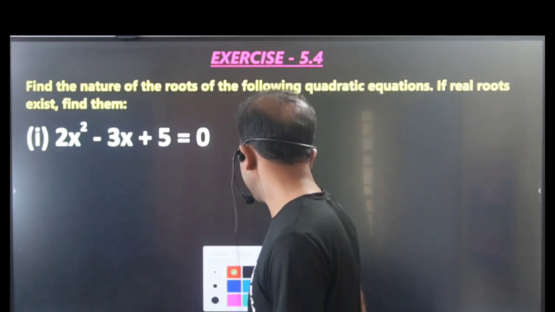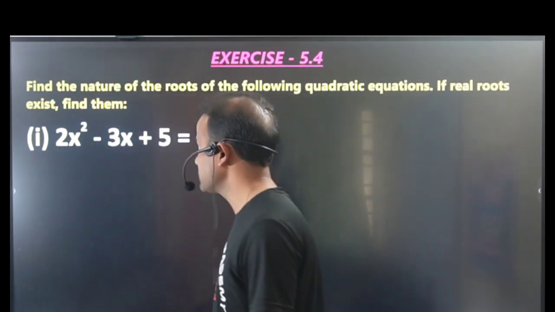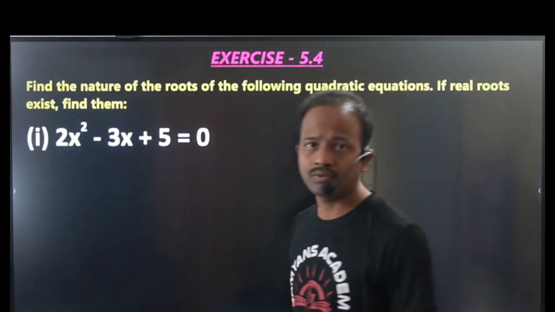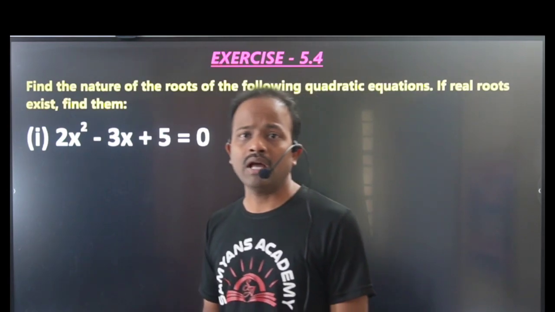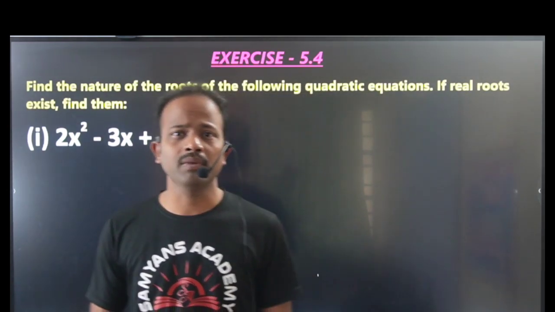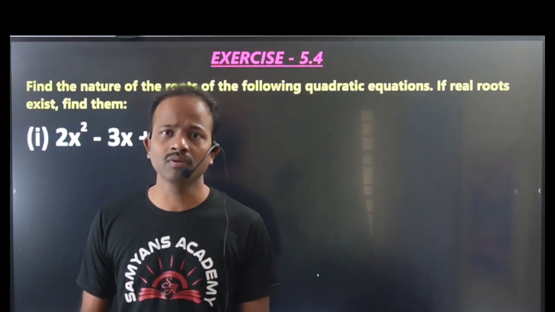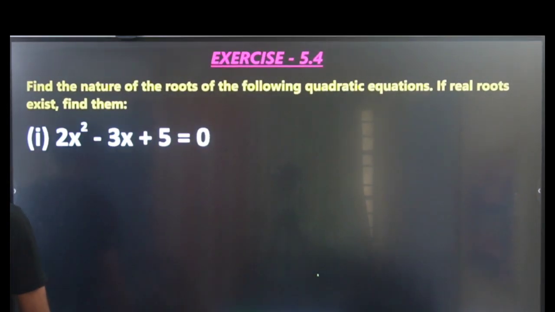Now you see here we have 2x square minus 3x plus 5 equal to 0. The given equation you have to compare with ax square plus bx plus c equal to 0.